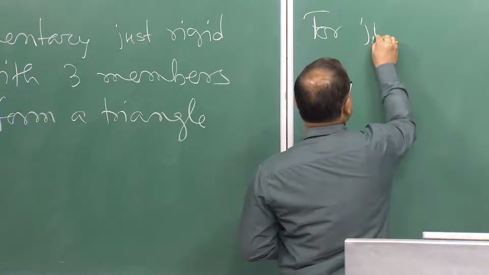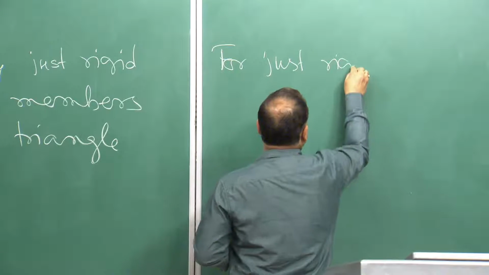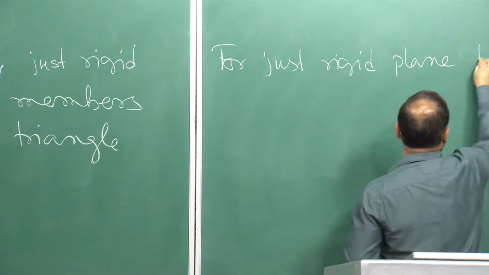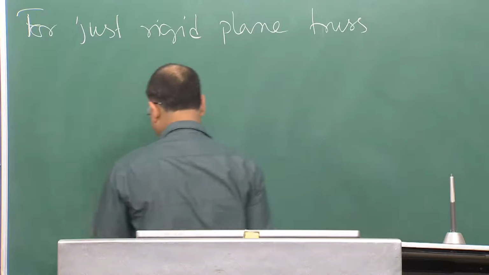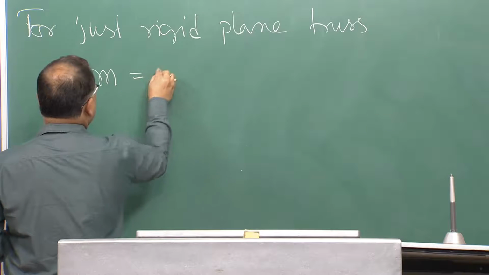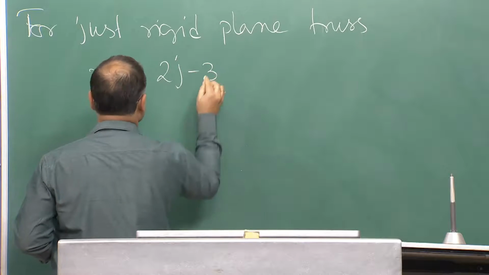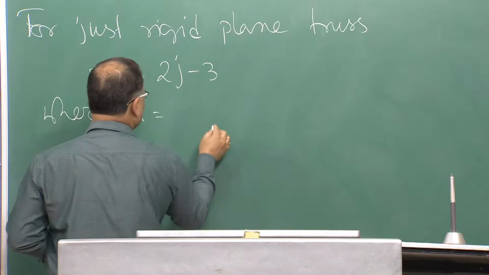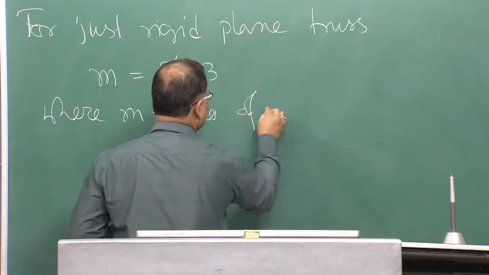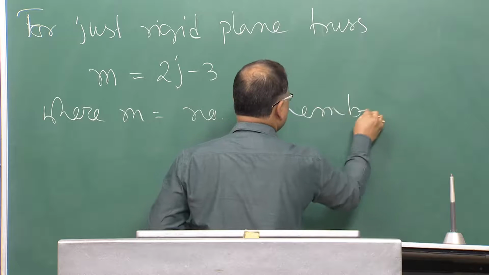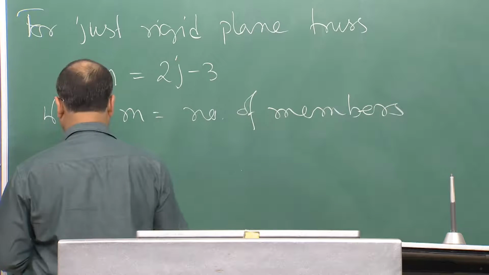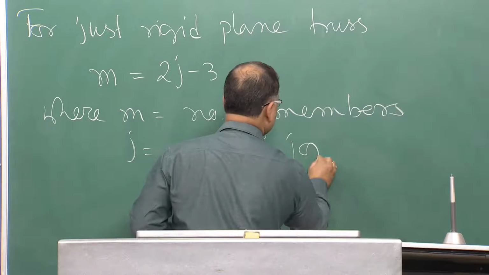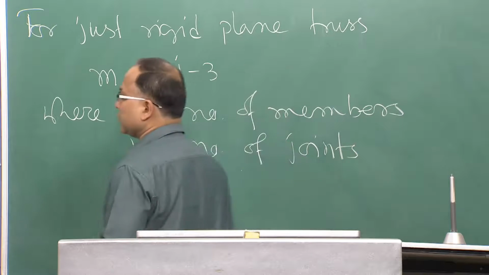For a just rigid plane truss, m equal to twice j minus 3, where m equal to number of members and j equal to number of joints.